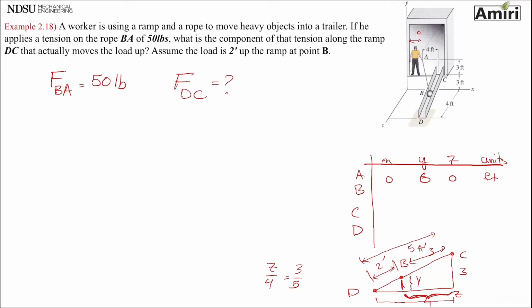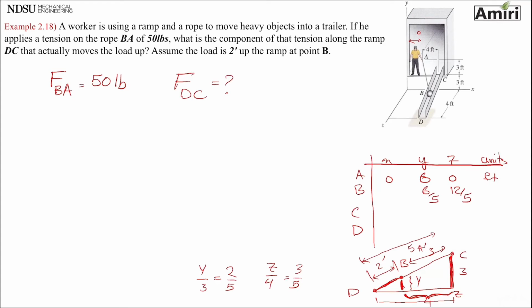So from here, Z is going to be 12 over 5. For Y, I can write Y over 3, this length over this, is the same as 2 over the entire length, and this will result in Y of 6 over 5.